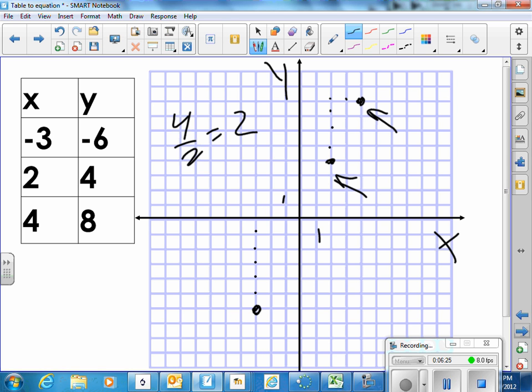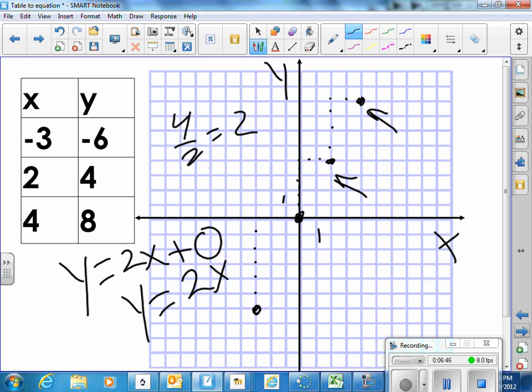And then if I go back down 4, that point is also on that line. The value of that point for y is 0. So I know y equals 2x plus 0 for the y-intercept, but it is usually written as y equals 2x because adding 0 doesn't change anything.